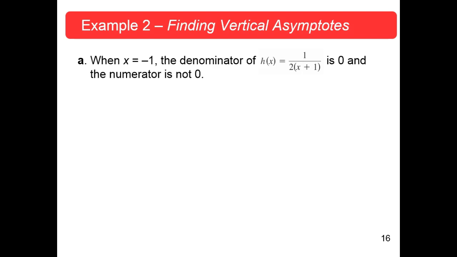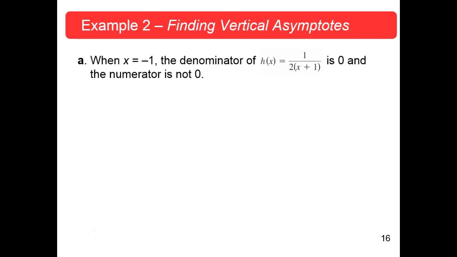Where? x equals -1. You're guaranteed you have a vertical asymptote at x equals -1. No doubt about it. When x is equal to -1, that denominator is 0, the numerator is not 0, you're guaranteed to have a vertical asymptote there.